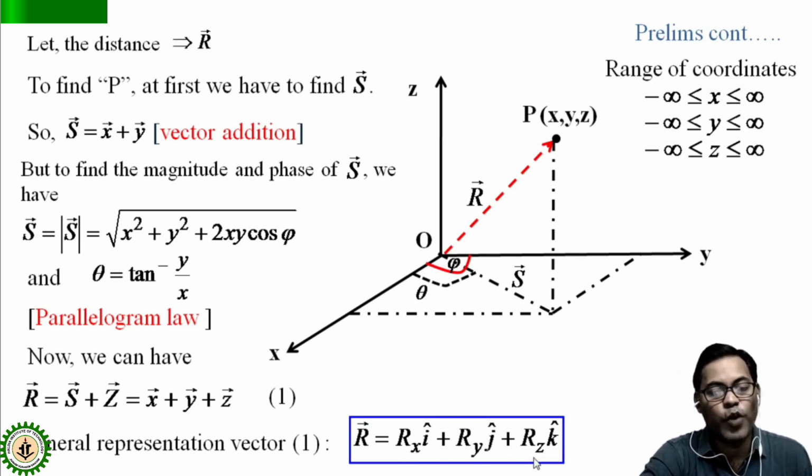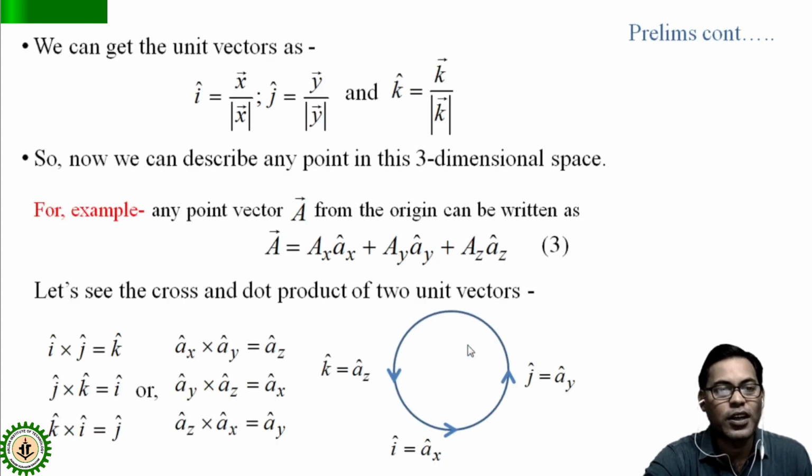Here Rx, Ry and Rz are the components of the vector R along the x, y and z axes respectively, and i, j and k are the unit vectors along the x, y, z axes. So this is the general representation of any distance vector, or any point described in the Cartesian coordinate system, and the distance of that point from the origin can be written from this expression. Let us see that.